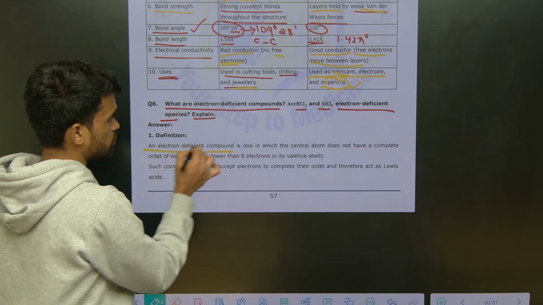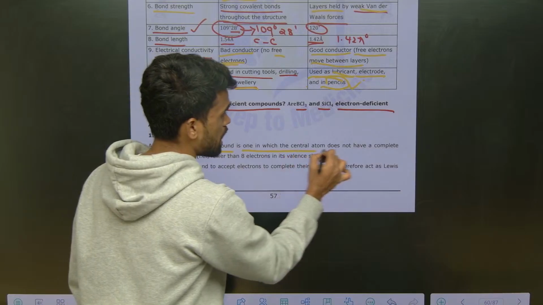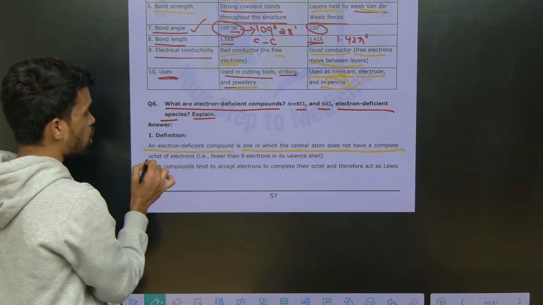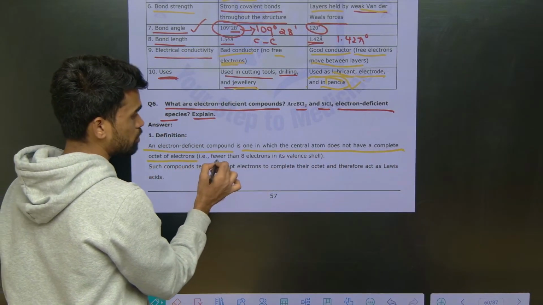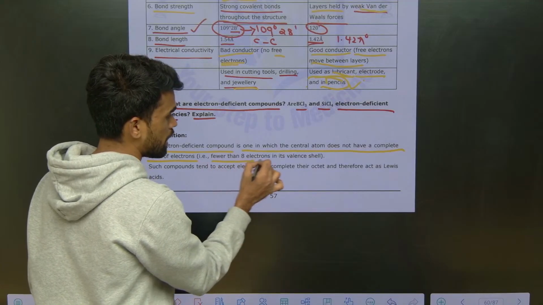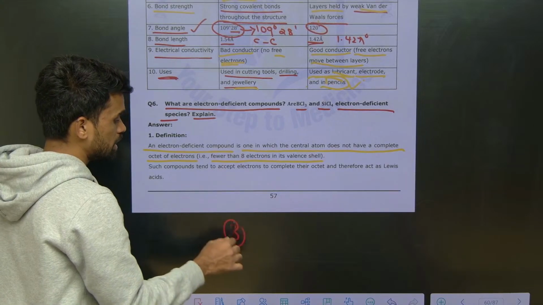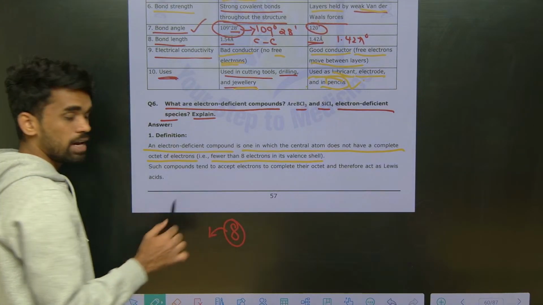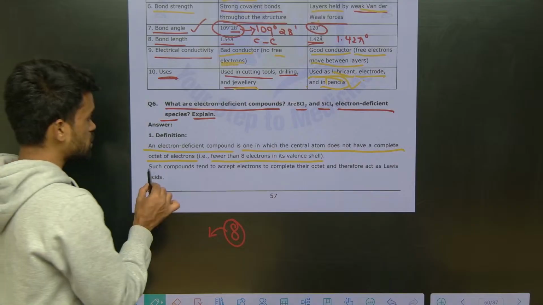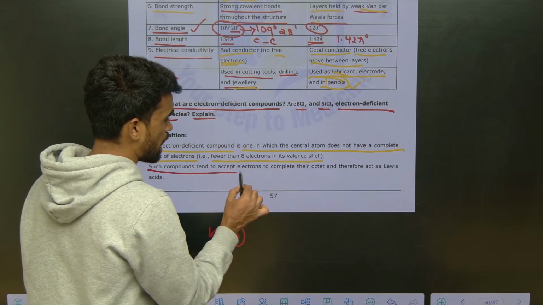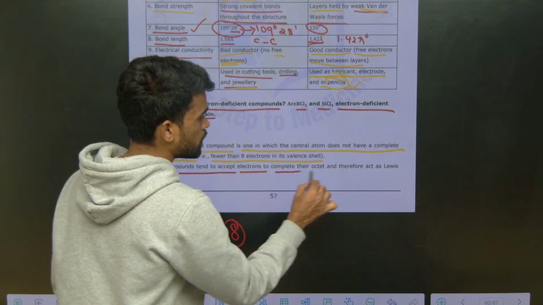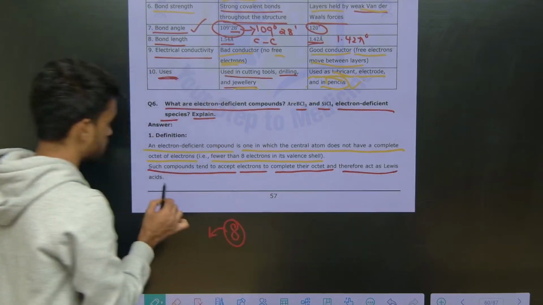An electron deficient compound is one in which the central atom does not have a complete octet, fewer than 8 electrons in its valency. Such compounds tend to accept electrons to complete their octet, and therefore they are considered Lewis acids.